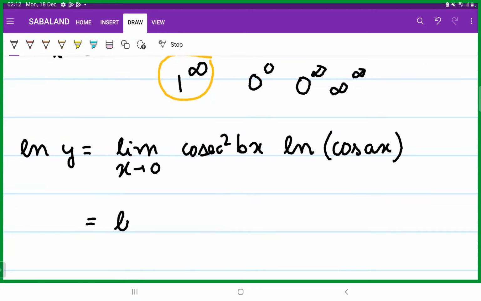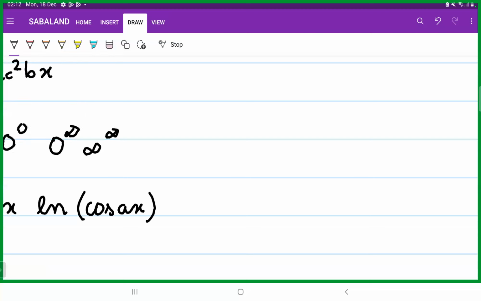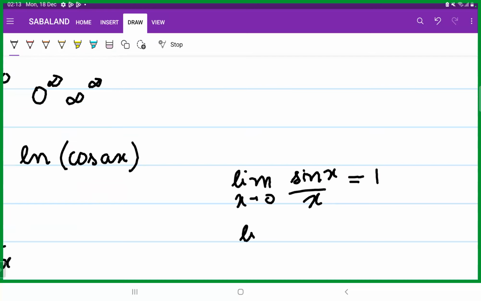Now let's try to make our lives easier. Cosec square bx, we can write this as 1 by sin square bx, right? Now we know that limit x tends to 0 sin x by x is equal to 1, and similarly limit x tends to 0 x by sin x is also equal to 1, right?